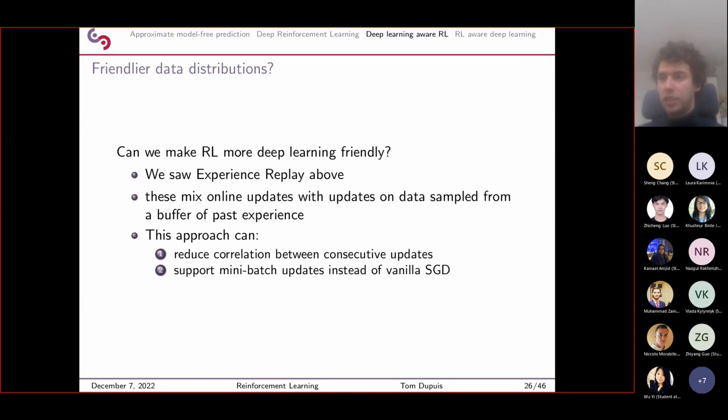It decorrelates them and makes it more offline, and that way we can do mini batch updates. So if you have a big memory, you can sample multiple samples instead of just waiting for one every time. That's very practical.